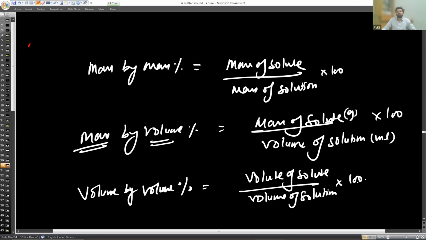Done. The type of question that is going to come in your examination for this. First, they will give you the first type of question in W by W percentage, which is also called mass by mass percentage.